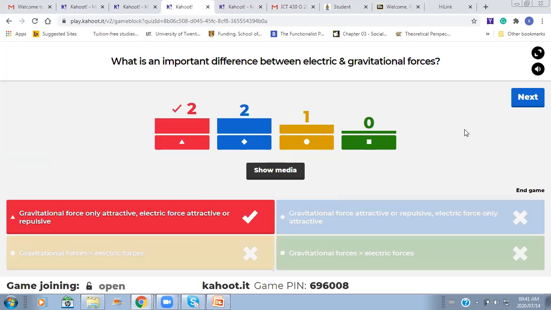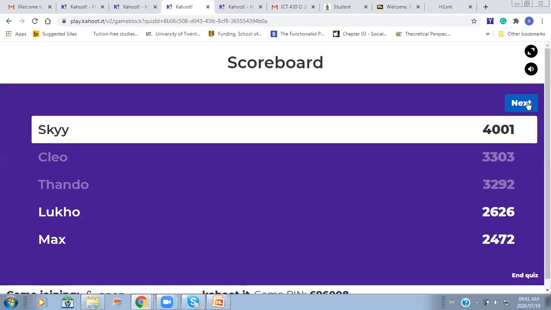The correct one is gravitational force only attractive, electric force attractive or repulsive. We have got two people who did this. Yes, Sky and Luco, but Luco was the first to answer. Now let's go to the next.